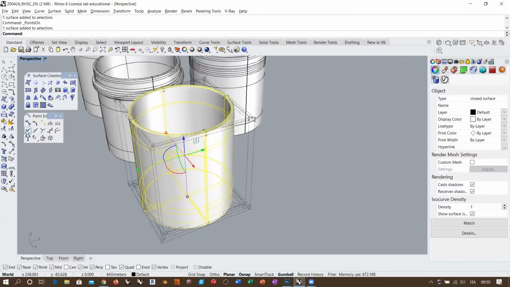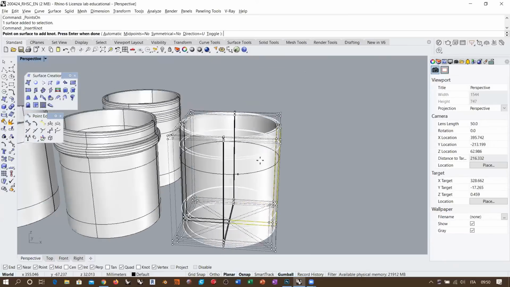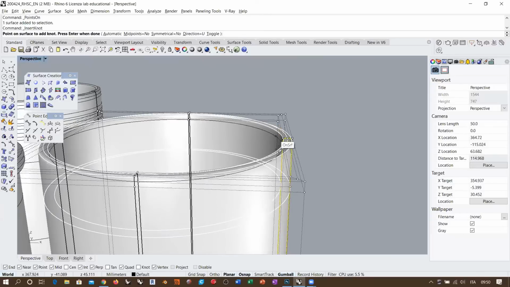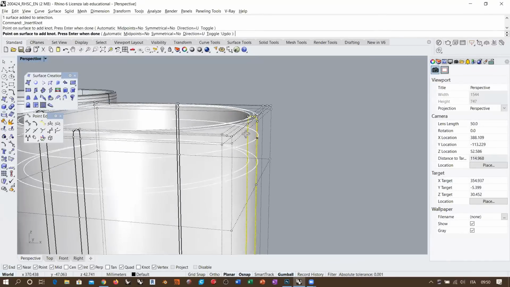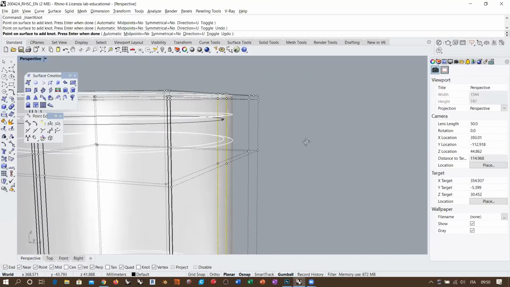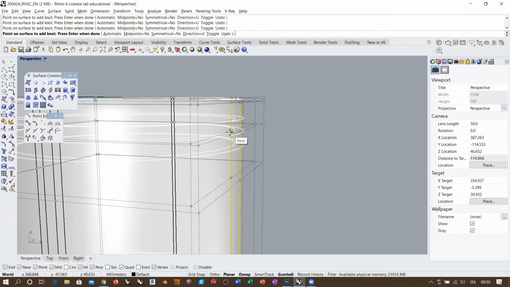If I add, for example, knot lines in the horizontal direction in order to better isolate this upper part of this surface, I would add a knot line on the outside, as well as a knot line on the inside of the surface. Okay, like this. And also eventually one other here and one other on the inside. So I get these control points in this area.